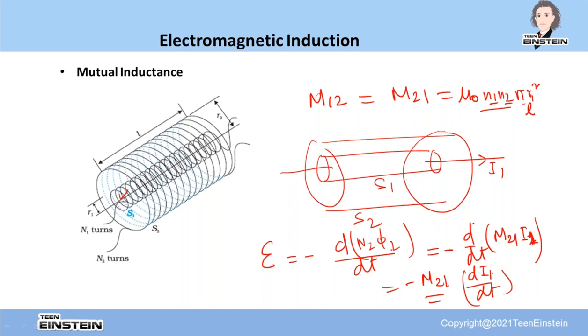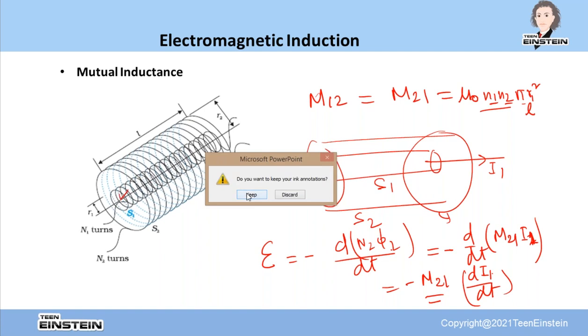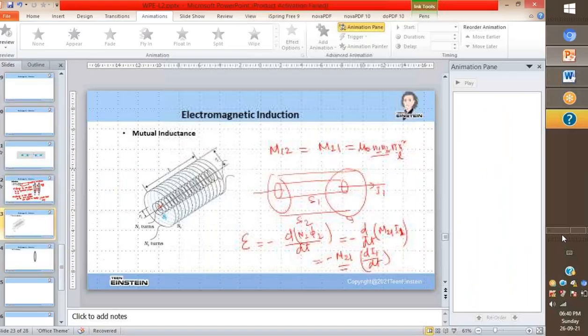If the current in both cases is the same, then the induced EMF will be the same in either coil. So suppose the same amount of current I passed in the inner coil is passed in the outer coil, the same mutual induction will happen in the inner coil. So you can have a look in your book.